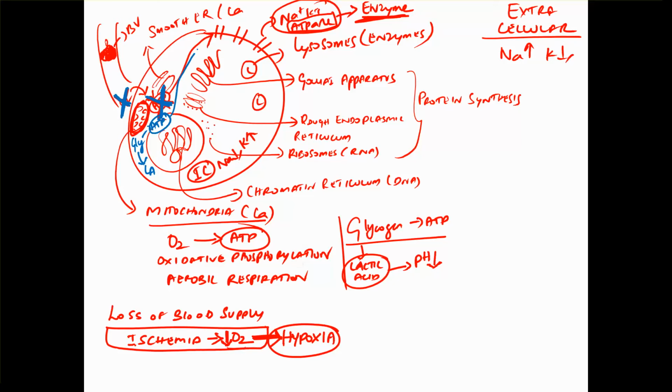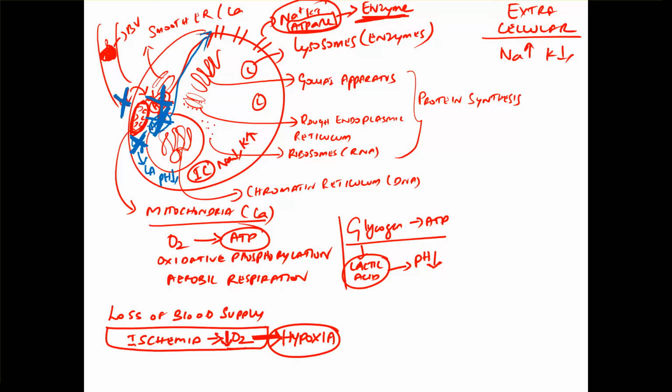This ATP goes to the sodium potassium ATPase channel. Once the glycogen is over, this ATP also stops, and the pH is reduced because of the lactic acid.